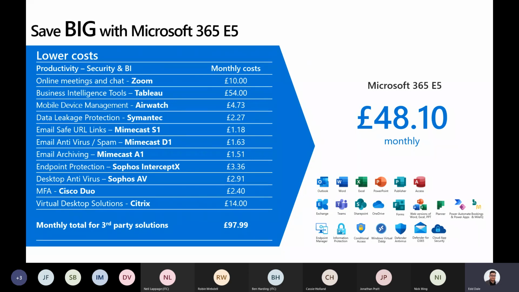So for organizations that are looking to have the ultimate in security, and just to put in perspective, Microsoft as a global organization use Microsoft 365 E5. Microsoft does not use any third-party security products at all. All Microsoft employees worldwide use M365 E5, and that's it.